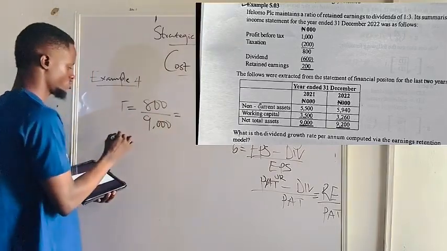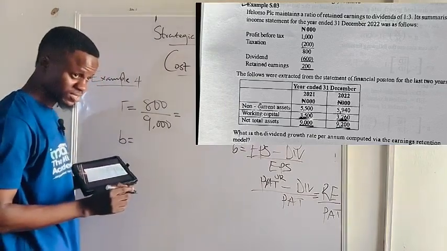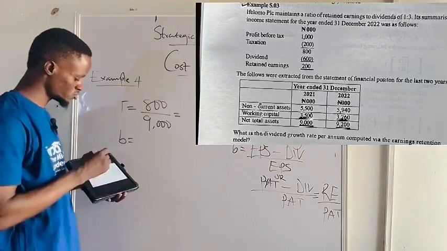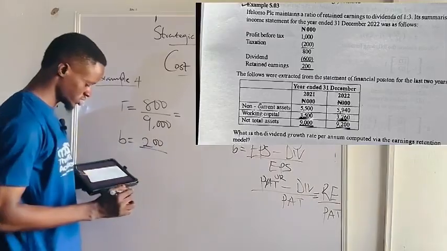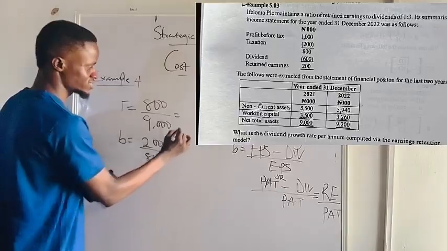So we have our answer. What is B? B is profit after tax minus dividend, which is the same thing as retained earnings. We already have retained earnings there, so write retained earnings all over profit after tax, which is 800. Can we see that? Simple.